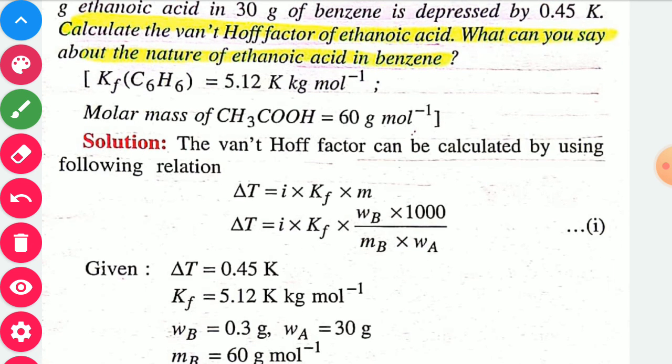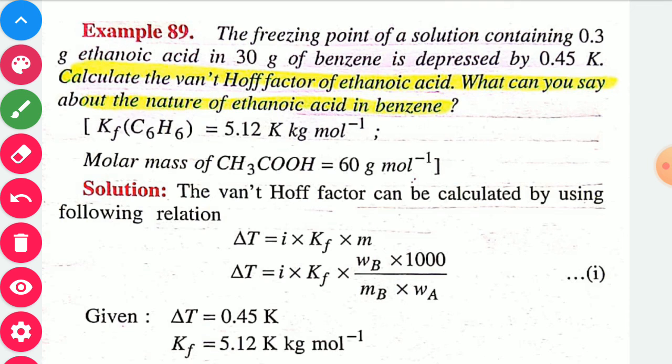So in this question, we have to find out the van't Hoff factor, that is i. In this question, the values are given. Delta T is given, 0.45 Kelvin. i we have to calculate. Kf is given, 5.12. Mass of solute is given, 0.3 gram. Molar mass, as we already know, and mass of solvent is also given, 30 gram.